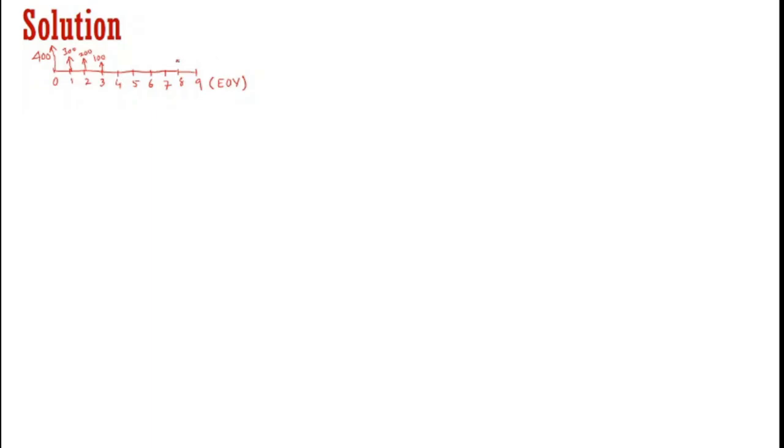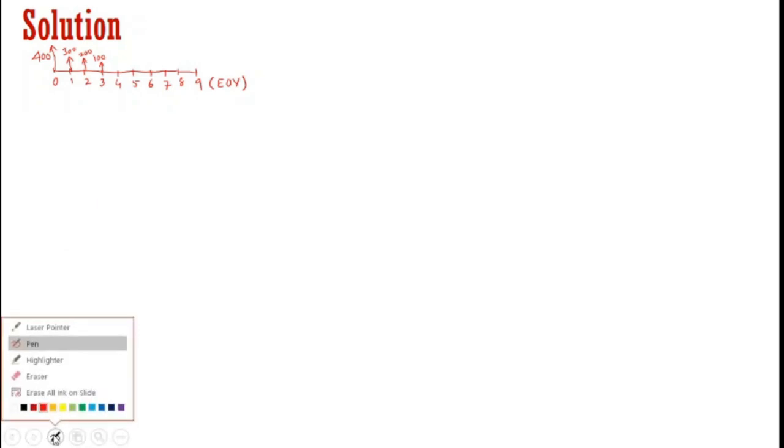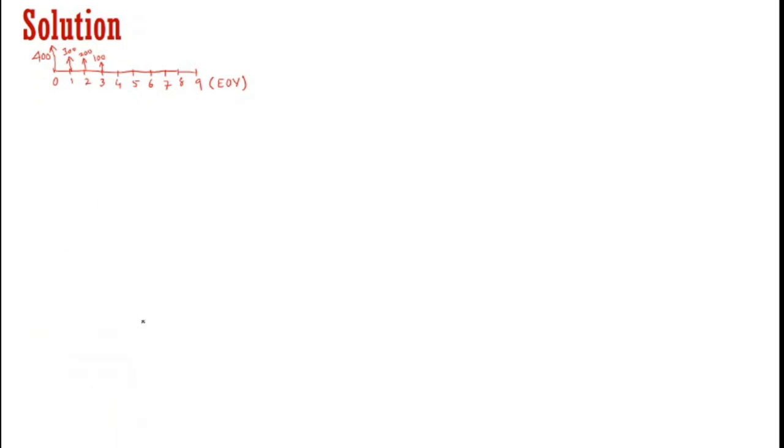Now another series, let me choose a different color. So annuities are there starting at the end of 7th year, 8th year, and 9th year. So this is $500 each.